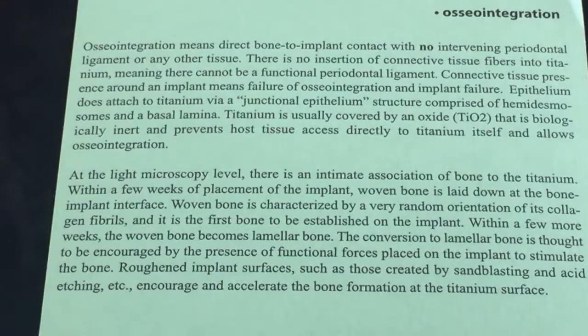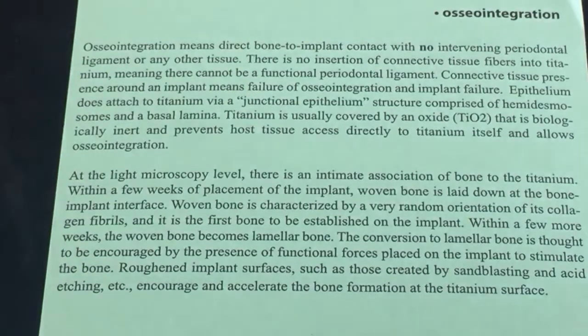There is no insertion of connective tissue fibers into titanium, meaning there cannot be a functional periodontal ligament. Connective tissue presence around the implant means failure of osseointegration and implant failure. Epithelium does attach to titanium via a junctional epithelium structure called hemidesmosomes and basal lamina.